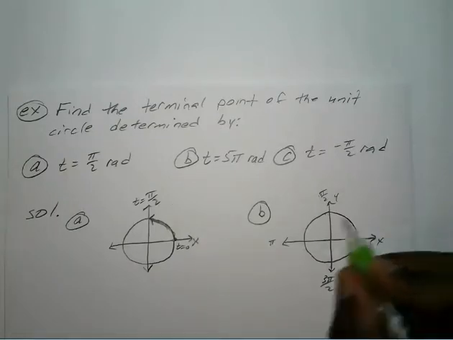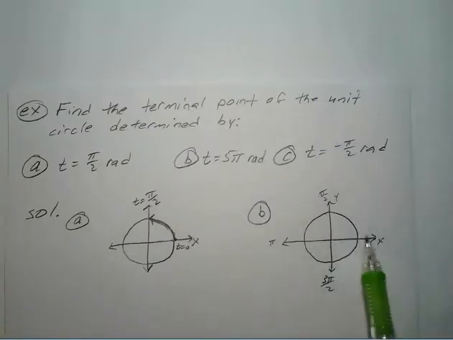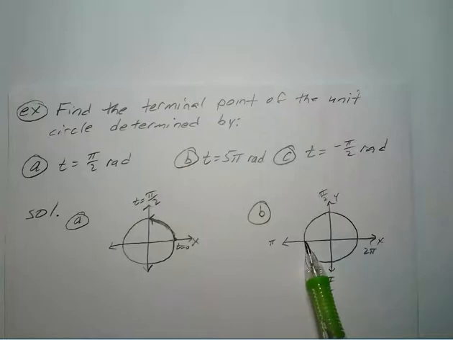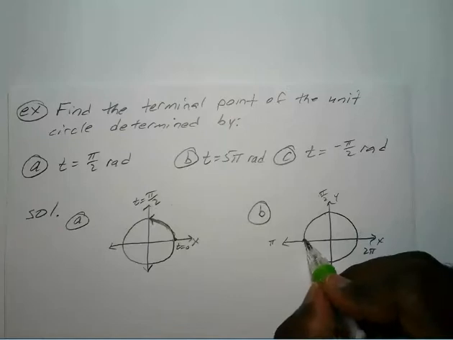And one complete circle is 2 pi. Okay, so if you're counting, you have 1 pi, 2 pi. So starting there again, if you go one more pi from 2 pi, that's 3 pi. And if you go one more, that's 4 pi. And if you go one more, that's 5 pi.